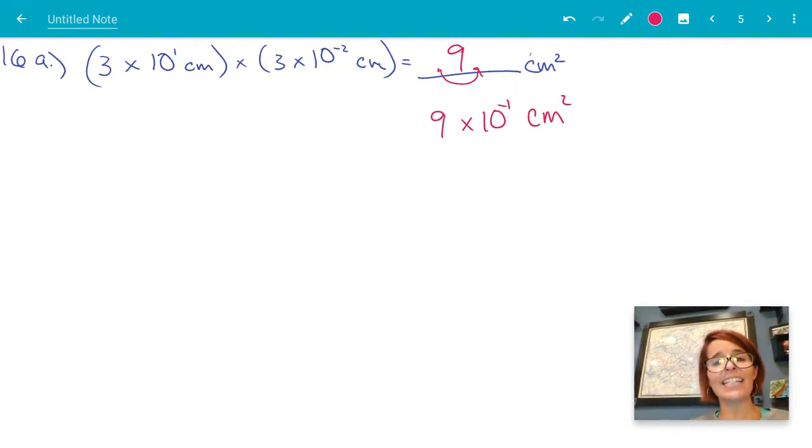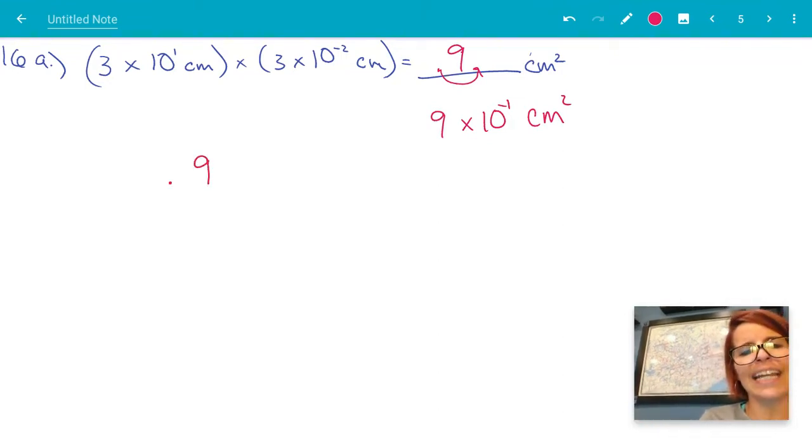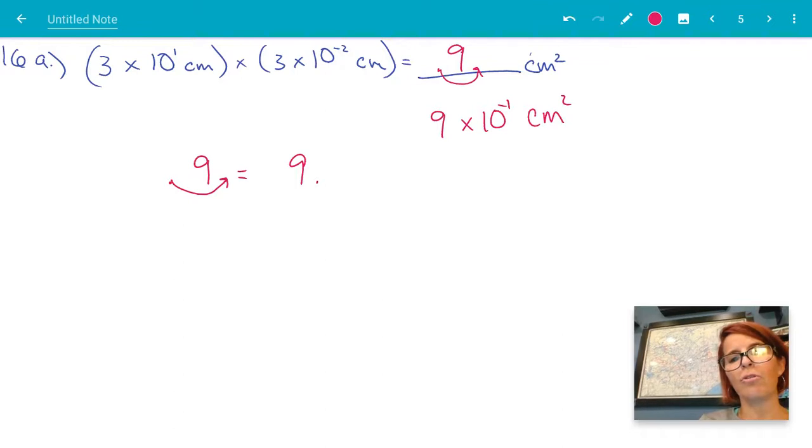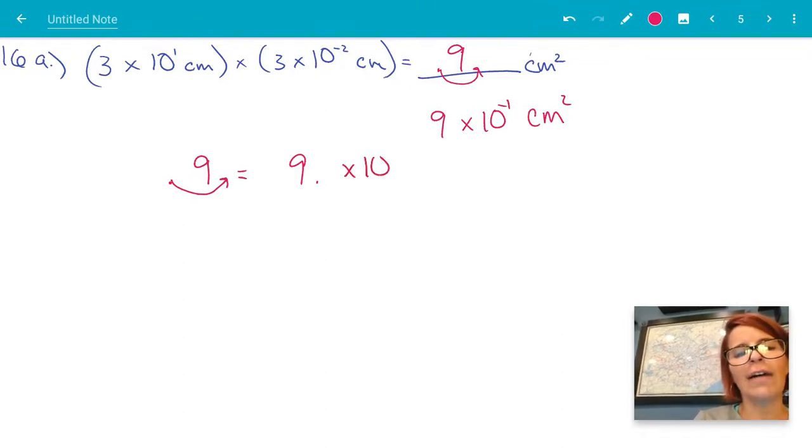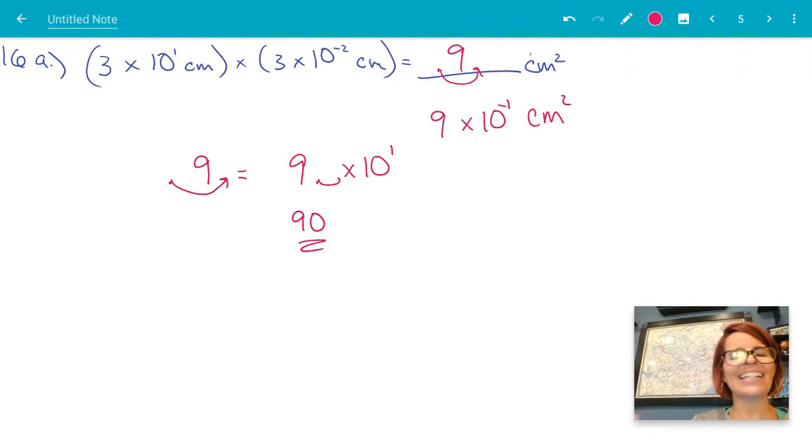And the reason I hesitated, I want you to think about that. I'm trying to get it to equal 0.9, and so I'm trying to make 0.9 look like 9. So I want it to be 9 with the decimal over there. So what do I have to do to get the decimal over there? If I write 10 to the 1, that's the wrong answer. If I did it times 10 to the 1, my decimal would move this way and it would be 90, and that's not what we were looking for.